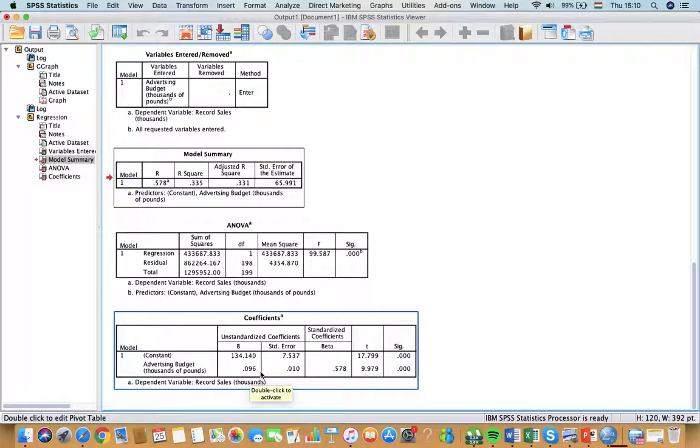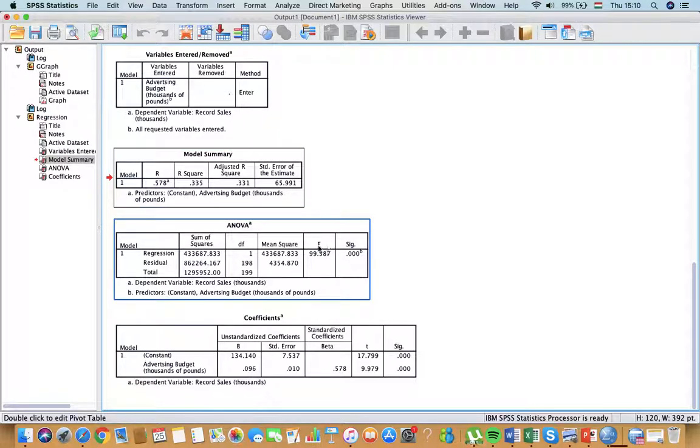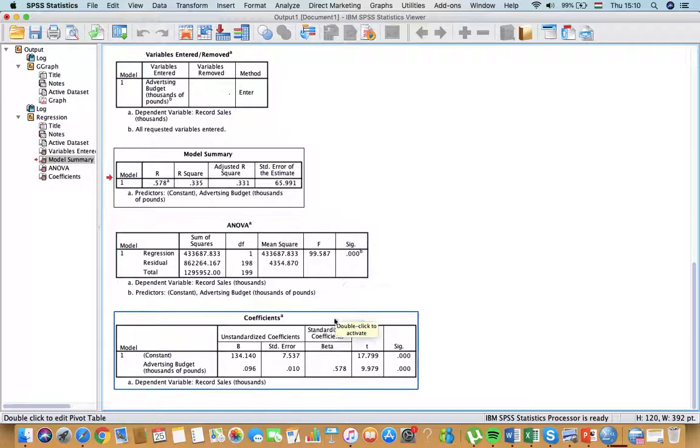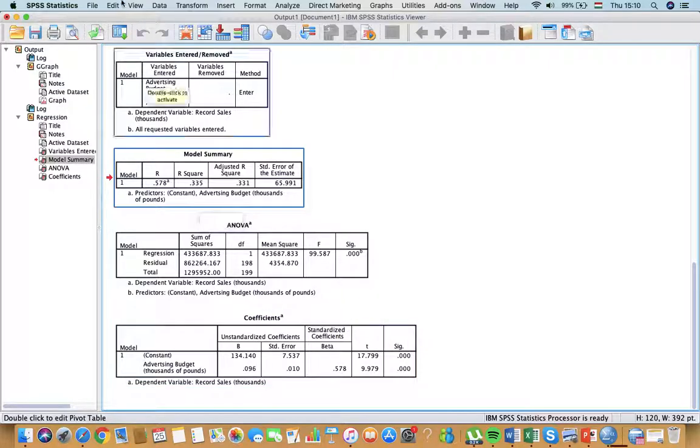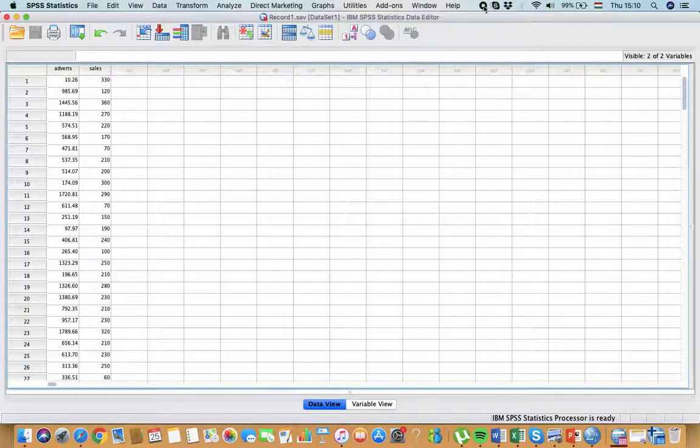But remember that our data was in thousands of pounds, so you have to multiply this number by 1,000, and then it means that if you increase your advertising budget by 1,000 pounds, then it will result in 96 extra sales. And this is what regression actually tells you: the variance that it explains by the variable, how good your model is, and then how much increase you can expect in your outcome. Okay, thank you.